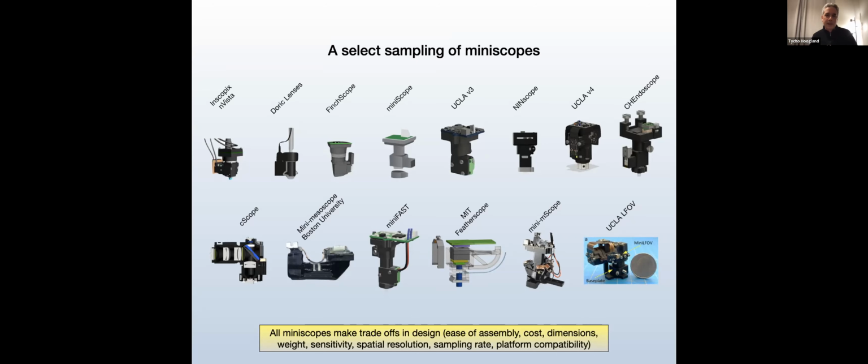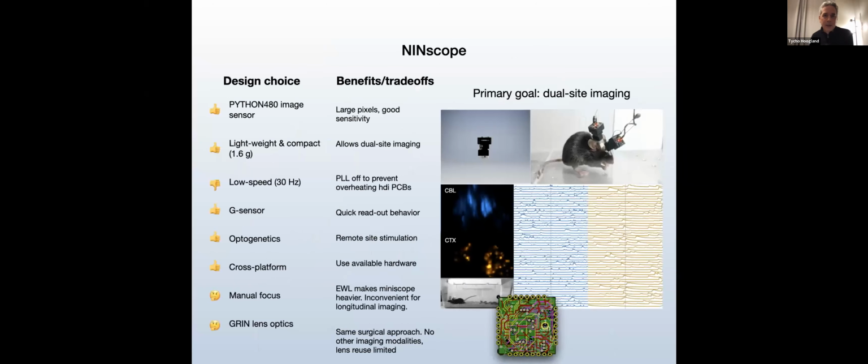So I want to use as an example the development of our own Miniscope to highlight the sort of changes that we had to make along the way. It's always a balance between what do you want? What is the goal of developing this technology? What sort of research questions do you want to address with them? And what sort of trade-offs are you willing to make in the design?